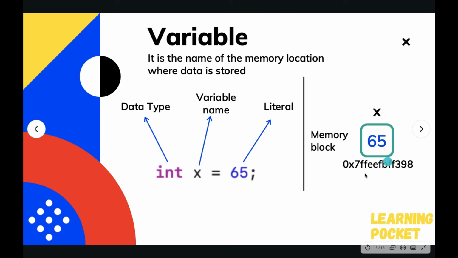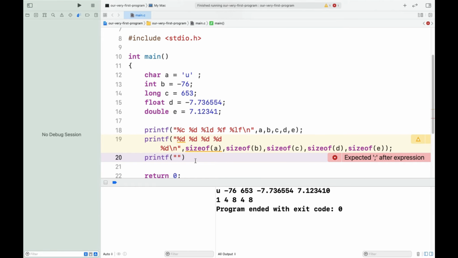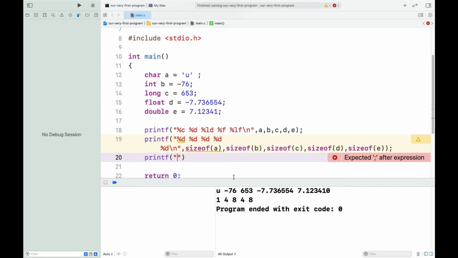It is some mixture of numbers, and I specify that it is a hexadecimal number. For specifying the address, you need to have the format specifier %p. So I will be writing %p 5 times.